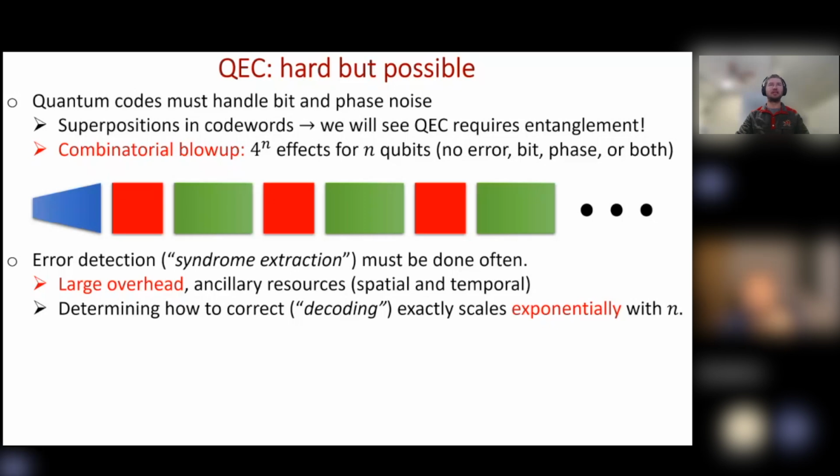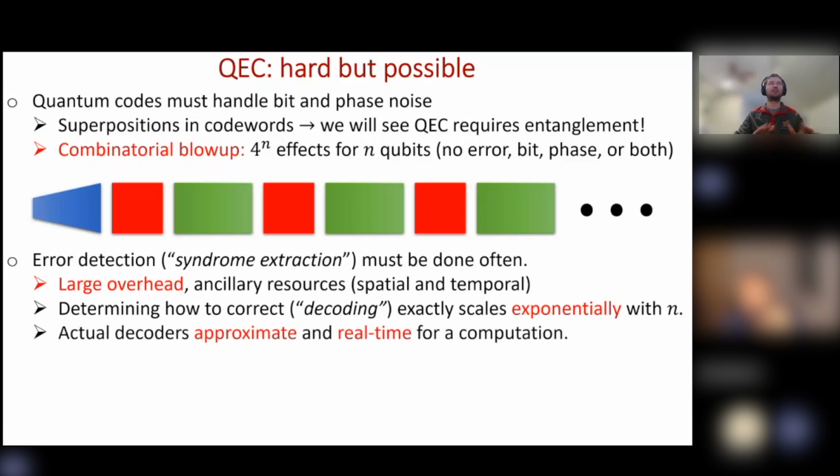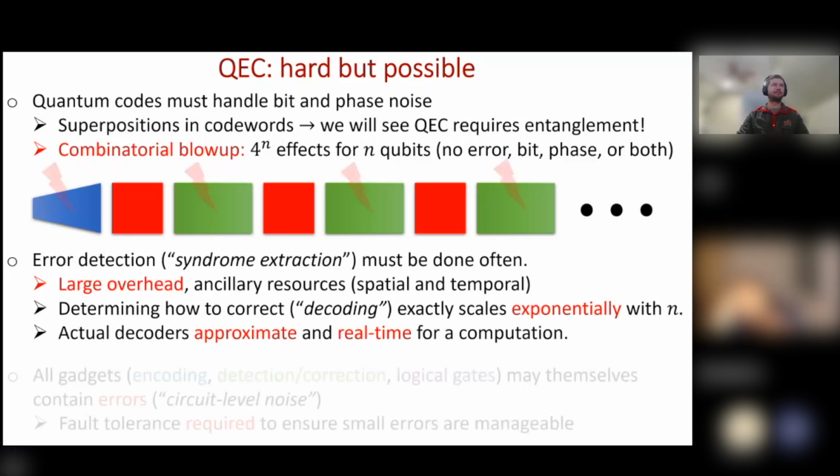But more generally, this is true on the theory level for quantum codes on qubits. And even in classical coding theory, this is also hard. It's not quite as hard, but it's also hard because there's a similar blow-up. So that problem never went away. It only became a little harder. You have to rely on some kind of approximate heuristic decoders and decode in real time.